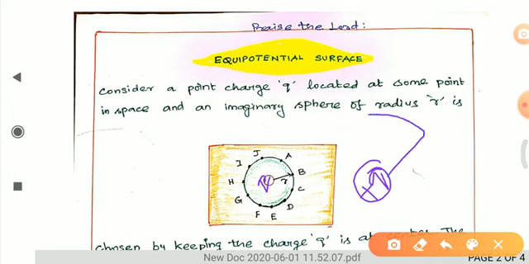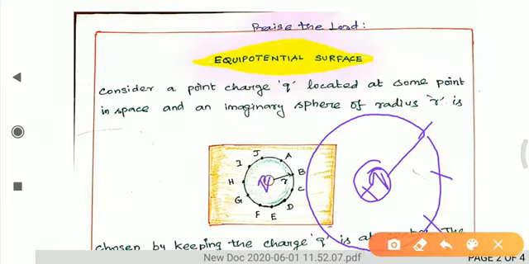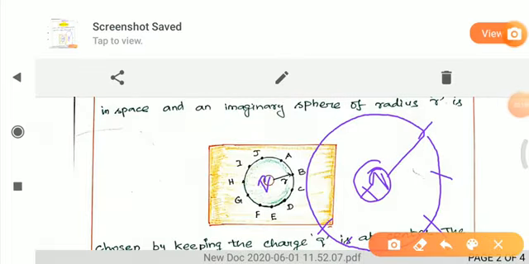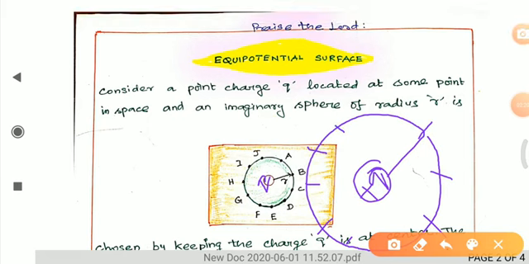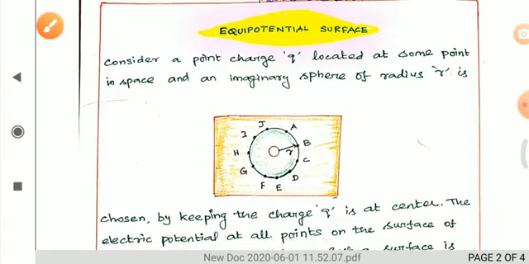We are imagining a sphere. Now on this sphere we are considering some points a, b, c, d, e, f, g, h, i, j. I have drawn the diagram here.